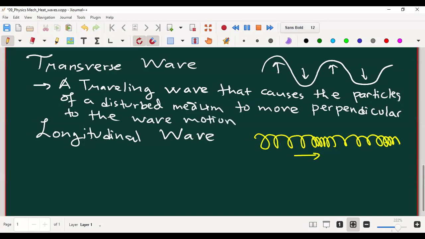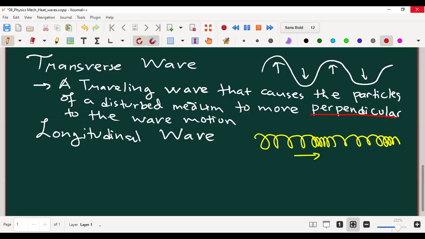The key point here is that the movement is perpendicular. This is for the transversal wave.